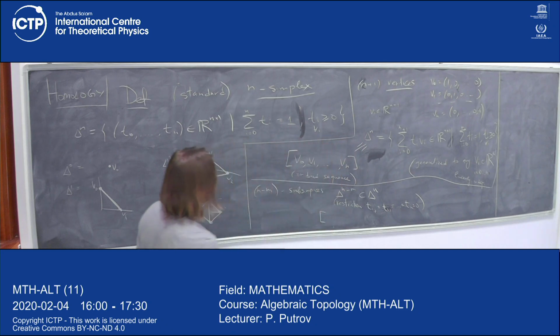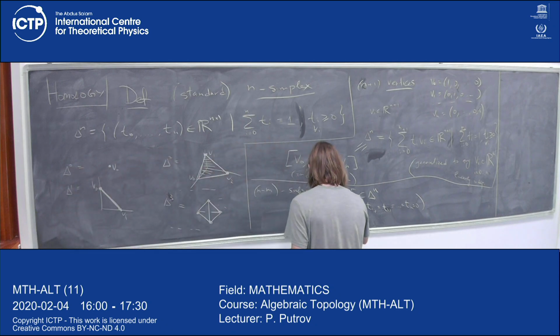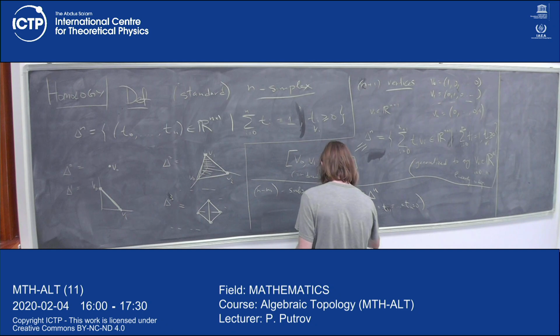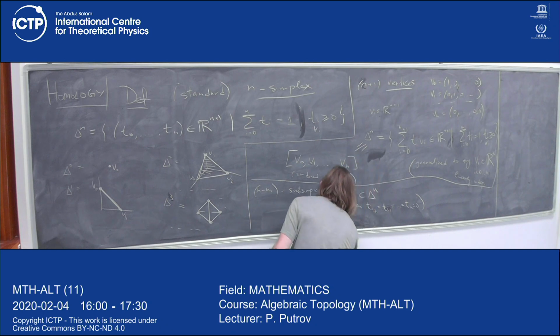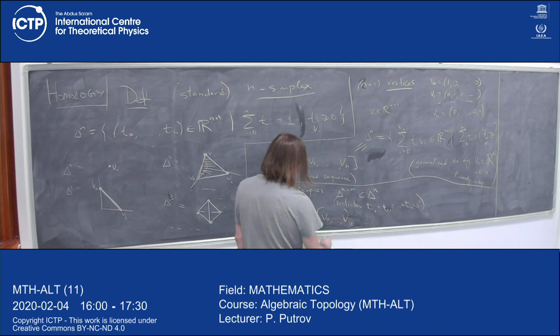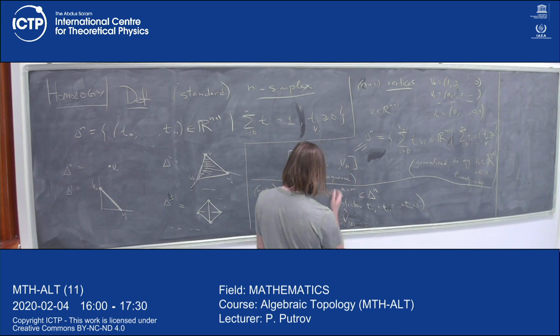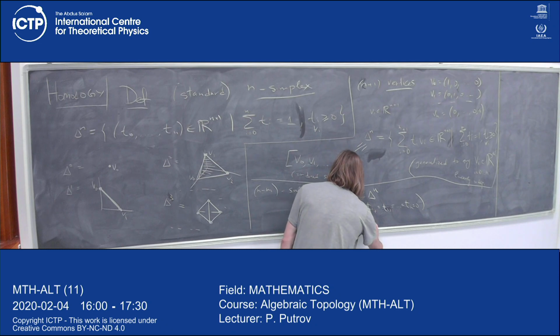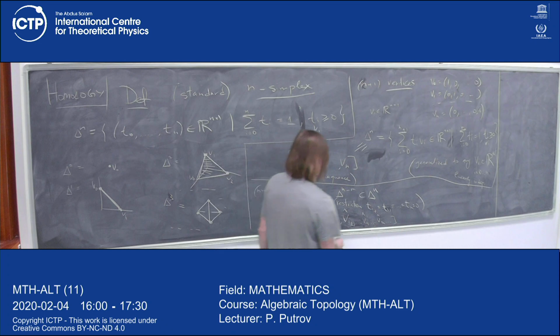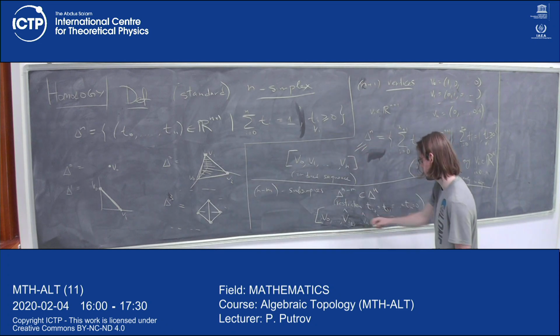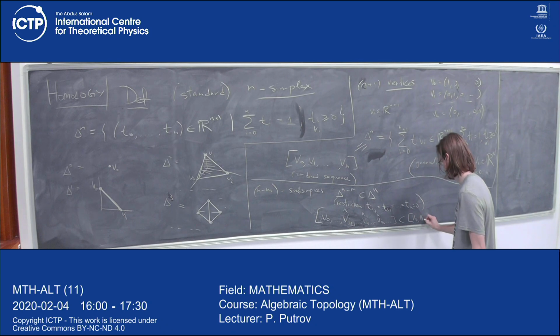In terms of the bracket notation, this hat, you're probably familiar with the notation, means that I exclude an element of the sequence: I exclude the vertex with index i1, I exclude the vertex with index i2, and so on, and I keep all other vertices. So the simplex corresponding to this sequence is embedded in the original.